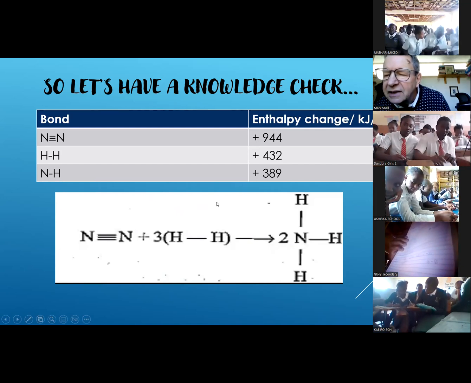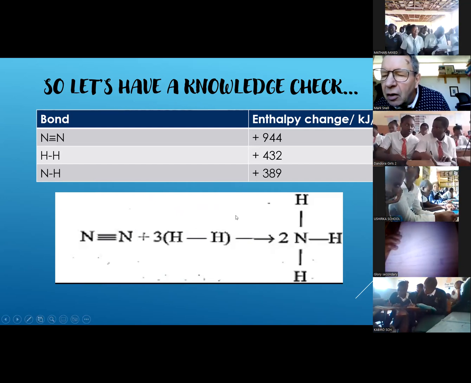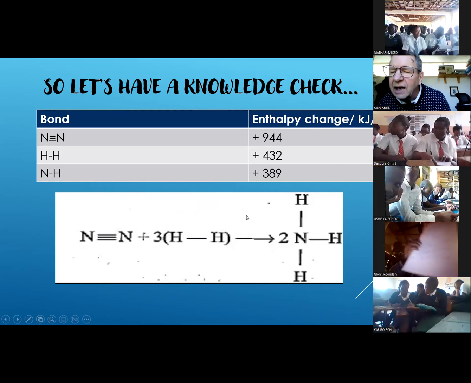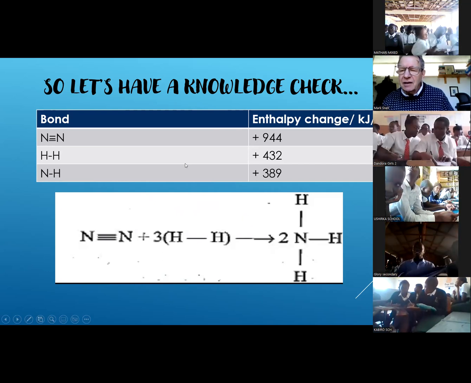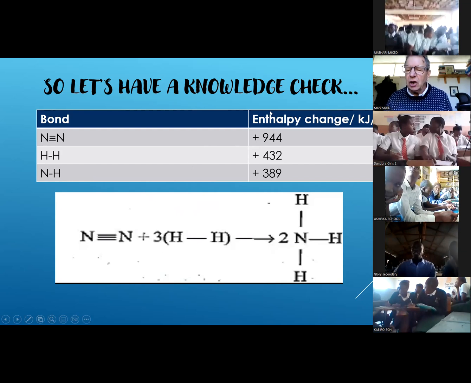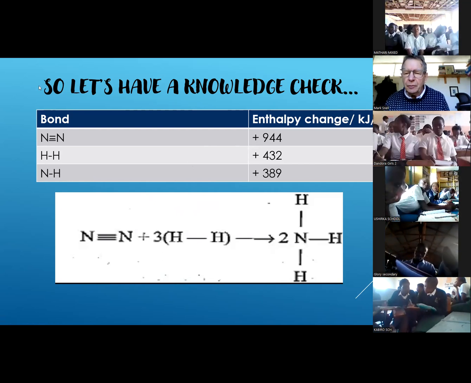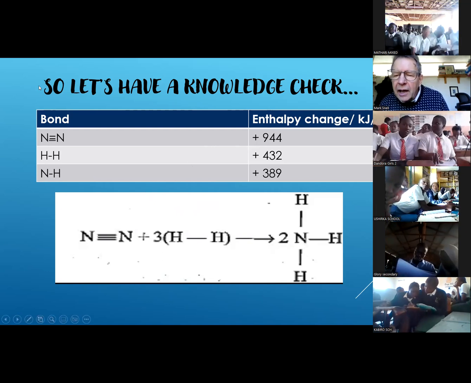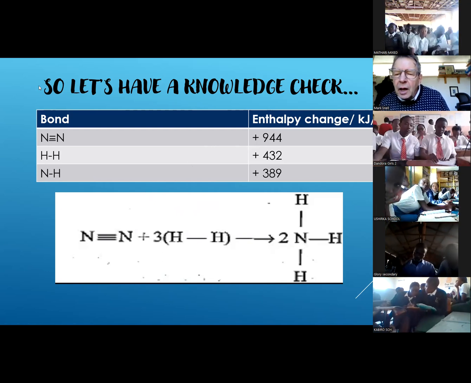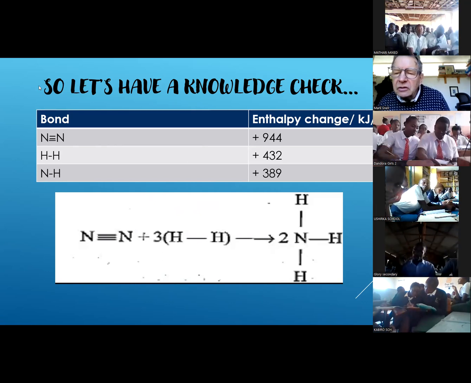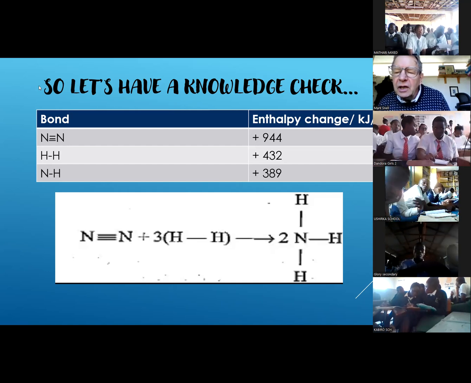A little bit closer, please. Oh, really nearly. Really, really nearly. Not quite, but nearly. Just check your arithmetic. They're forgetting to multiply, Ezekiel. In the nitrogen, the 944 is right, but it's 3 times.